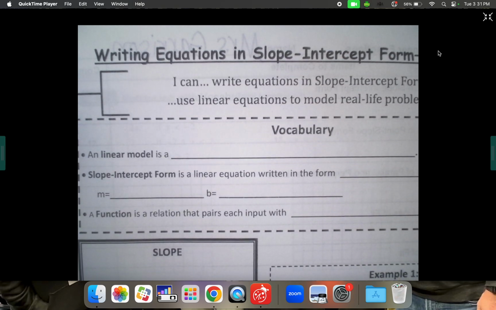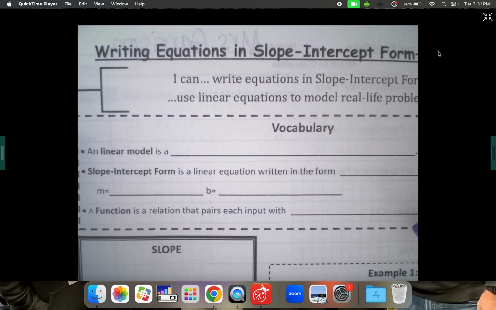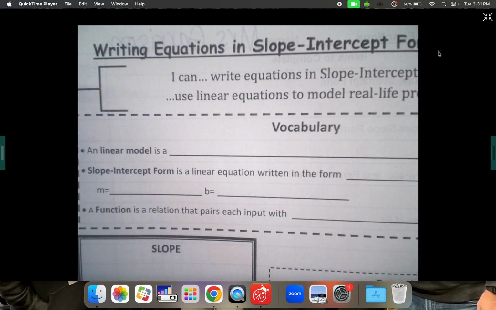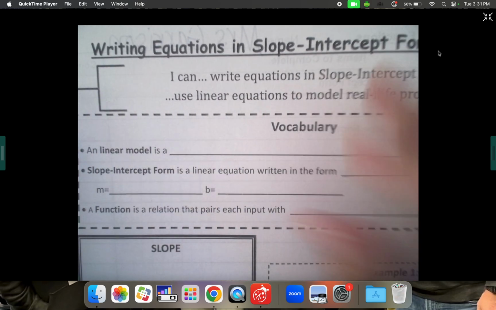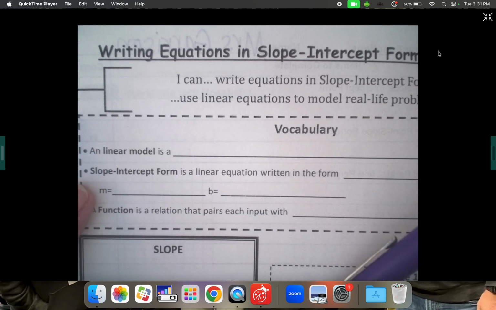All right, we're going to start with writing equations in slope-intercept form. Your I can statement is write equations in slope-intercept form using linear equations to model real life.